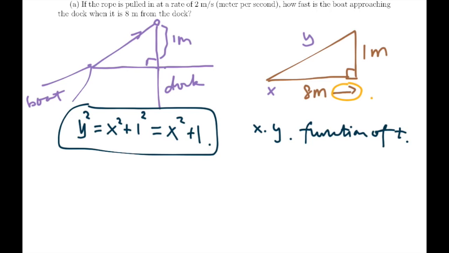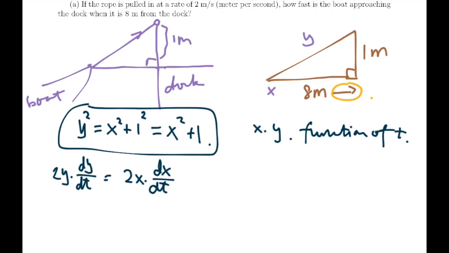So by the product rule, or some formula you can use from the lecture, if you take the derivative of this equation with respect to t, you will have 2y times dy over dt equal to 2x times dx over dt, plus 1. If you take the derivative of 1 with respect to time, it is just 0.